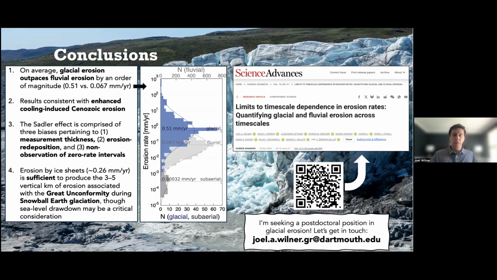And then we have this: erosion by continental ice sheets is sufficient to produce the degree of vertical erosion that's associated with an unconformity, such as the Great Unconformity during snowball Earth glaciation. Although we make the argument that sea level drawdown and decrease in base level may be a critical consideration.